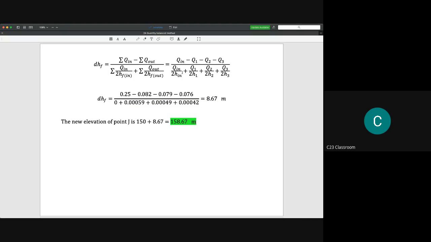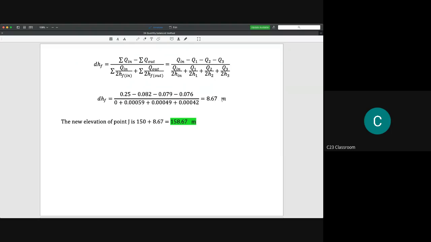In this situation, as I mentioned previously, Q in over 2 H in is equal to 0, because the calculation is 150 minus 150, so you will get 0. So we neglect the value actually. After we calculate this one, it is equal to 8.67 meters. So that means the losses are unbalanced.